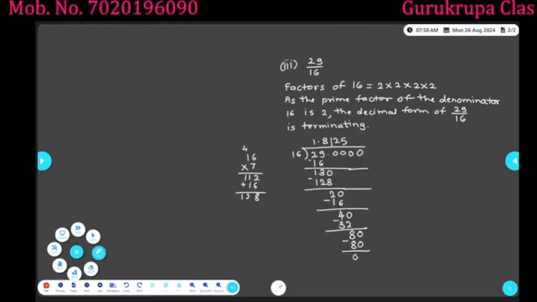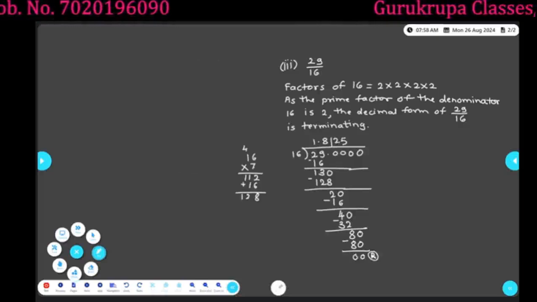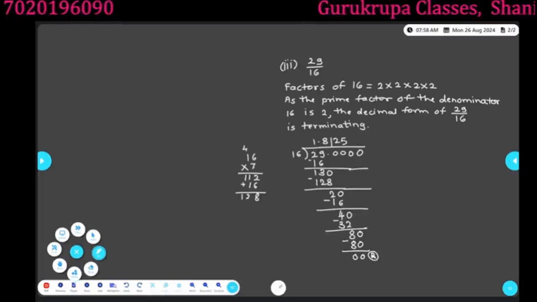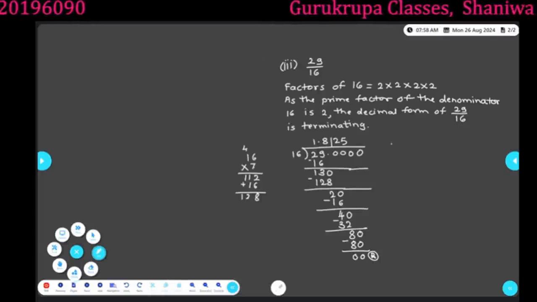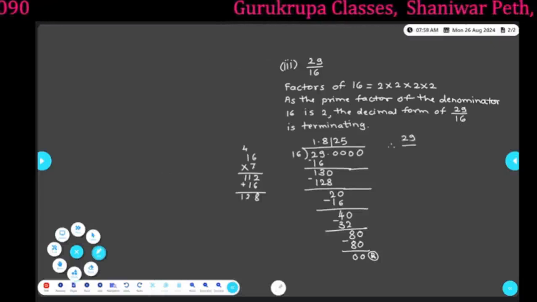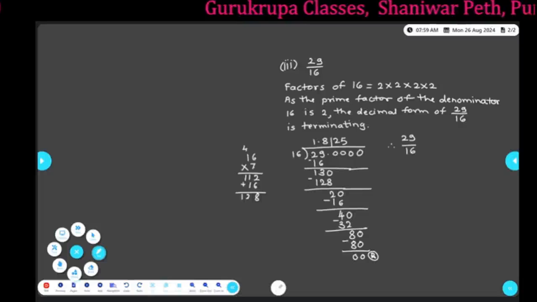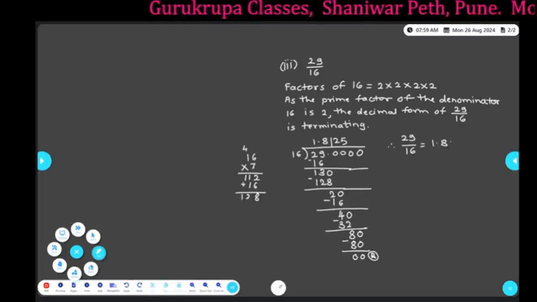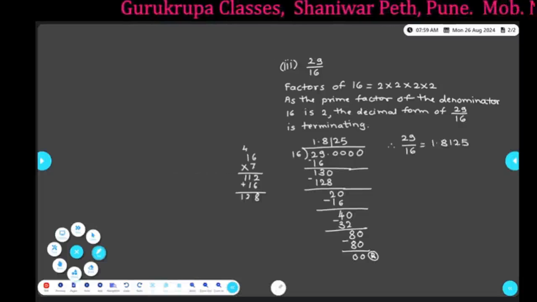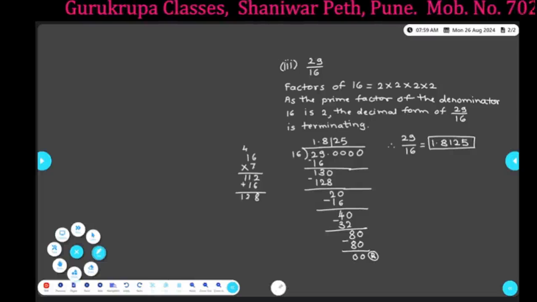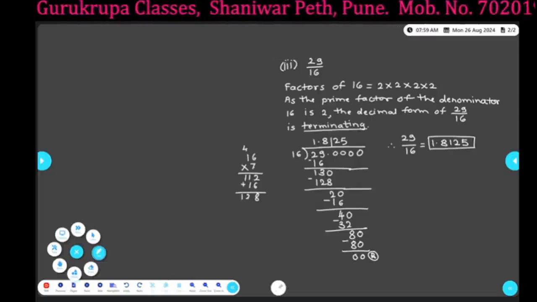So as the remainder is 0, the division is terminating over here. So therefore, as per our rule also, we say that it is terminating, and it is proved that it is terminating decimal form. 8125. 1.8125 is the decimal form, and it is terminating decimal form.